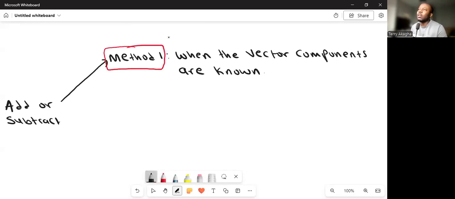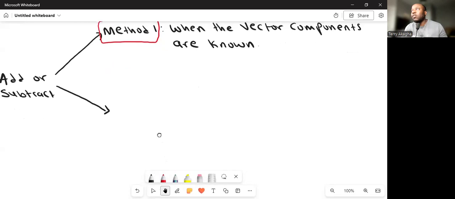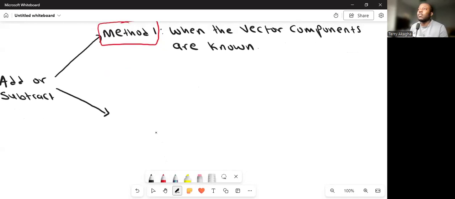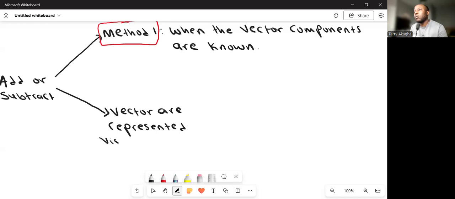Now, the second one will be subdivided into 2, okay? These are when vectors are just visually represented with their magnitude and direction.